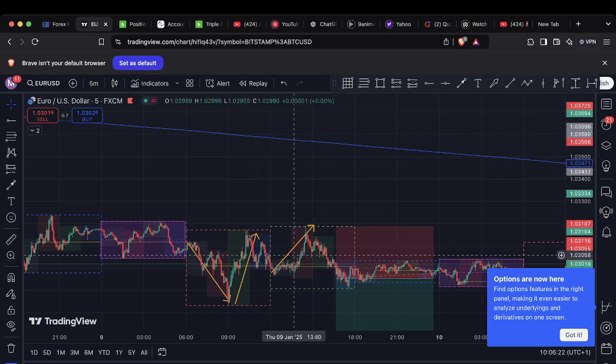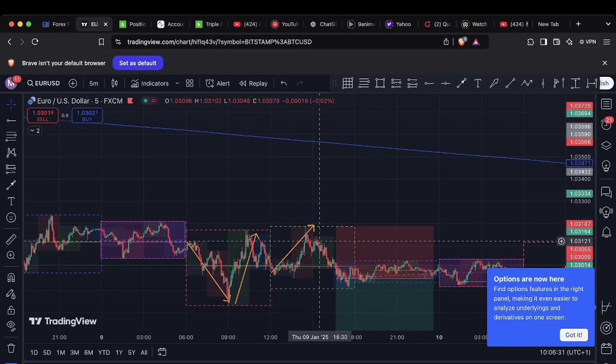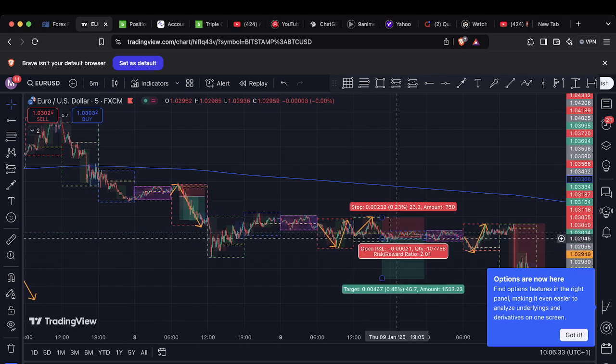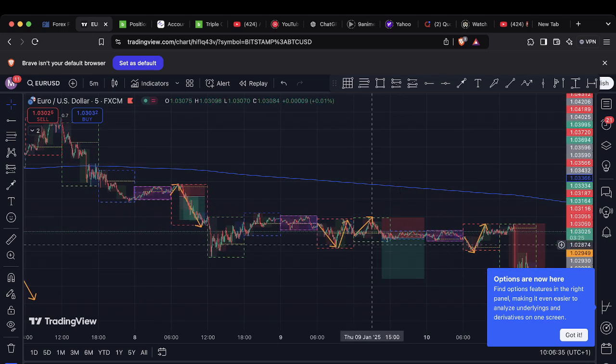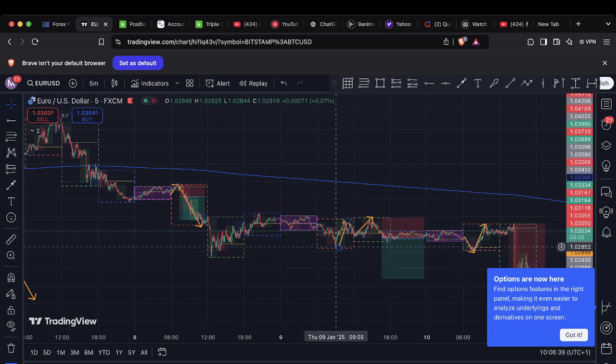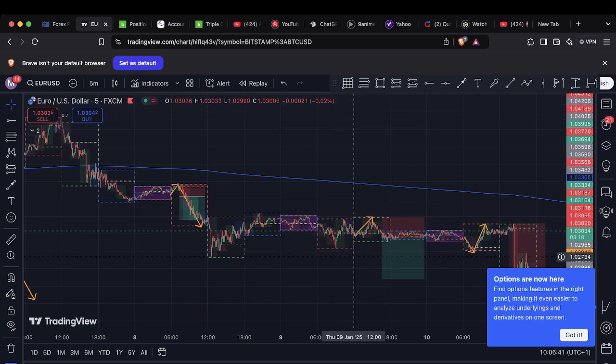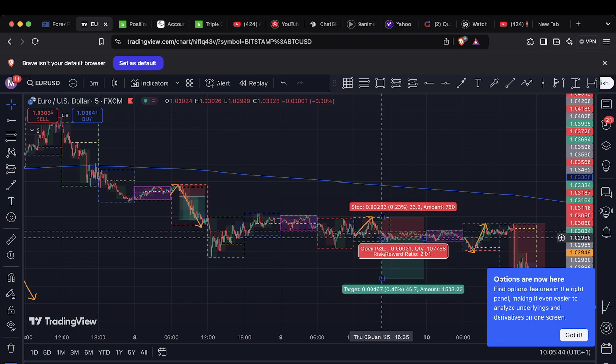So we'll consider this to be a manipulation on the Q2, because the market traded up first, took out the high of the Q2, we got the confirmation, then we entered. Although this was a winner, like I said, assuming I am being very careful, I wouldn't have taken this trade, but it was a winner anyway.